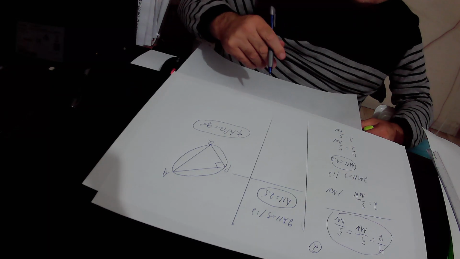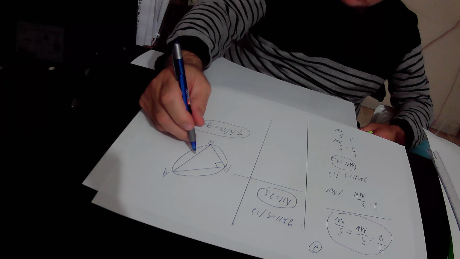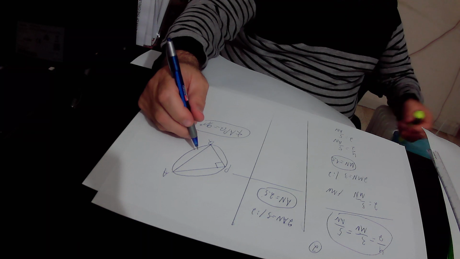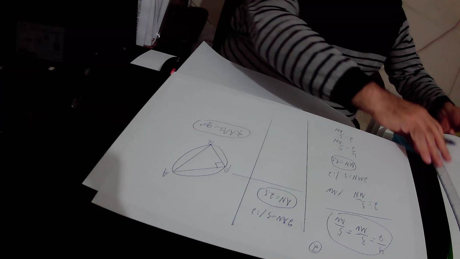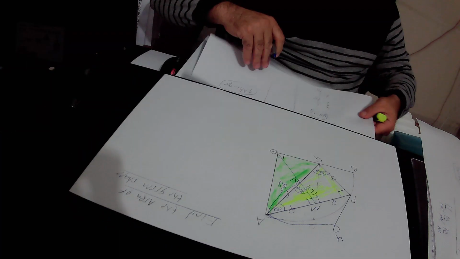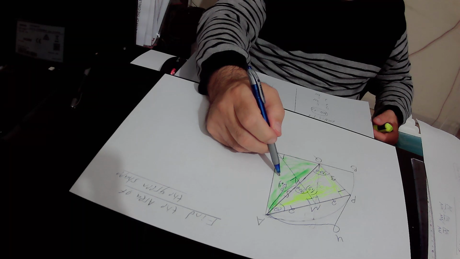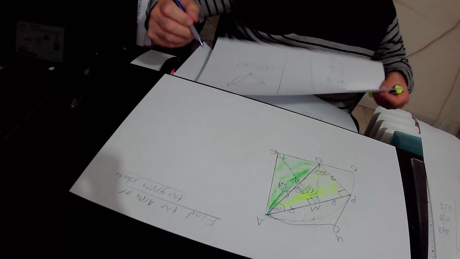And we have already found out that AN equals 2.5 units.